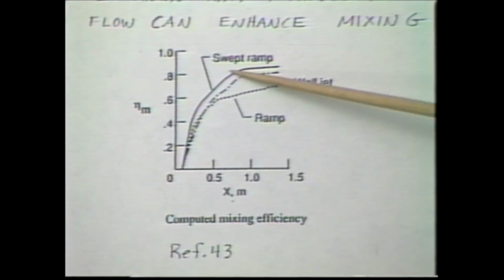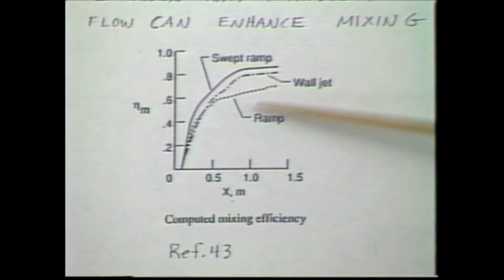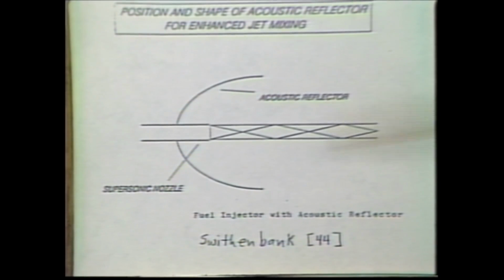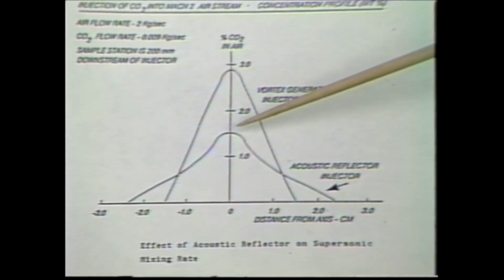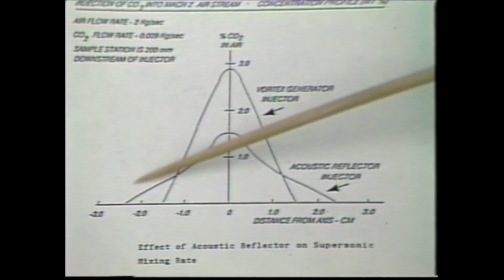The swept ramp does produce more mixing efficiency as a function of length than either injecting from the wall or from a non-swept ramp. Down below, Swithenbank has this idea of an acoustic reflector to introduce noise, turbulence into the flow, and to the right shows how the vortex generator increases mixing. The acoustic reflector shows the concentration going down and it's spreading out.